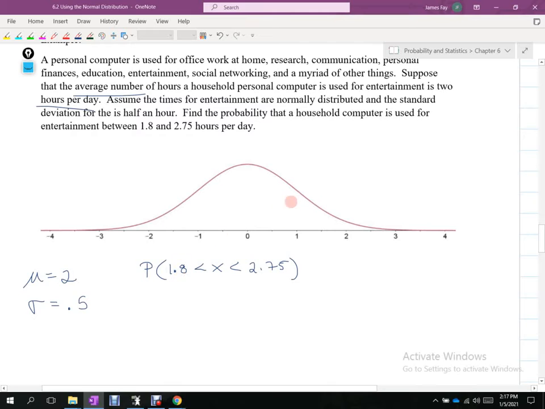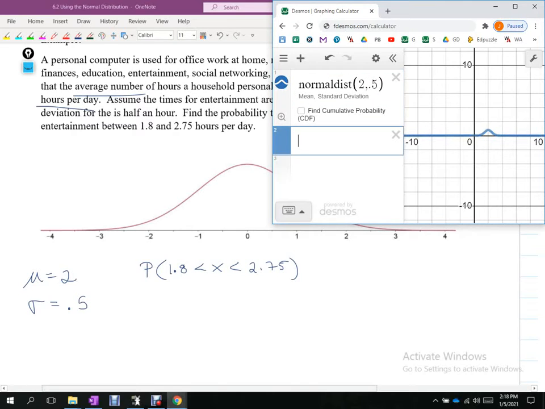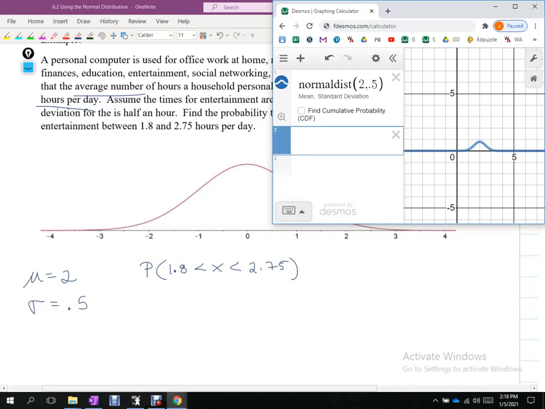Okay, so right now, if we were looking at this information, this curve is actually going to be type in the mean is 2 and the standard deviation is 0.5. And it's kind of hard to see here, but that is the standard curve that we're talking about.